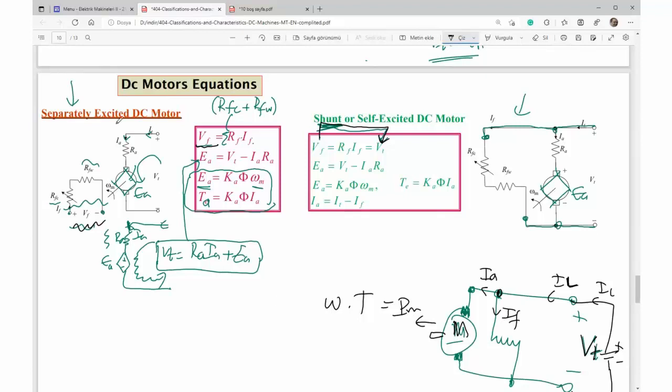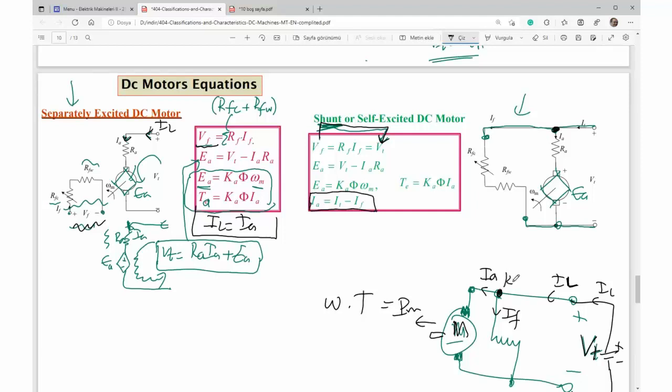The equations are identical, but only field voltage, instead of separate field voltage, we excite machine by terminal voltage, and all the others exactly the same. But here load current is equal to armature current in separately excited machine. Here's load current. Here's armature current. Those are identical. But here is a Kirchhoff's current law for these nodes.